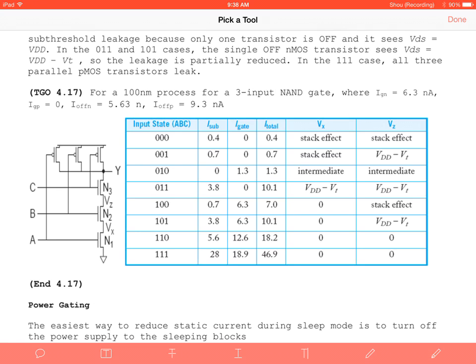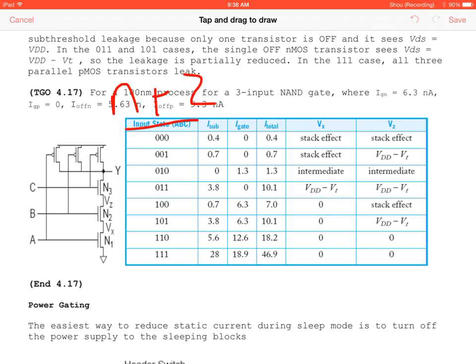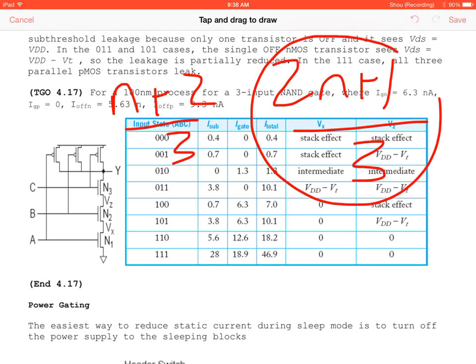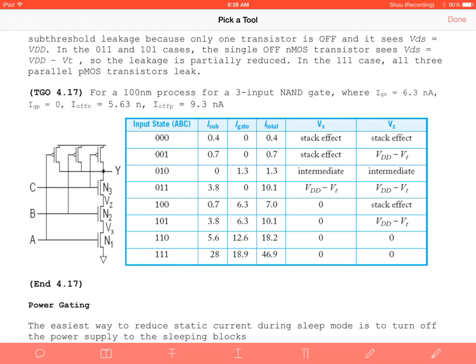So if we recall, the logical effort for a NAND gate is n plus 2 over 3. Whereas for a NOR gate, it's 2n plus 1 over 3. So this is why the logical effort is significantly higher, because you're not able to take advantage of that stack effect as much. So that's also another reason why NAND gates are chosen over NOR gates.